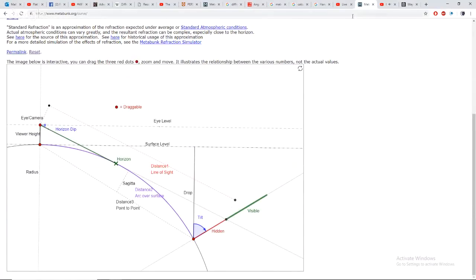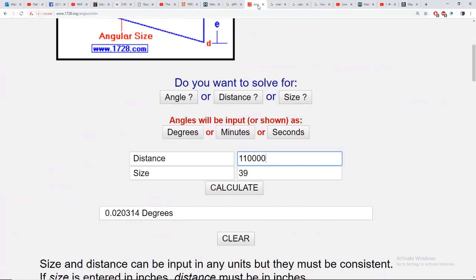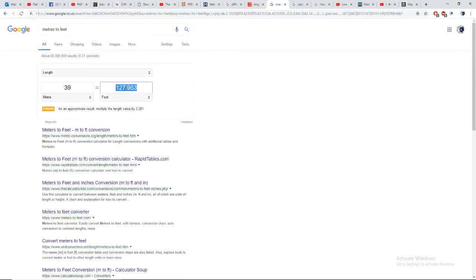And just going back to that point here, this angular size calculator where I put in a distance of 69 miles with trying to view something 39 meters tall, again, too small to be seen. So we're looking at an object here of 127 feet. So let's say a small hotel.